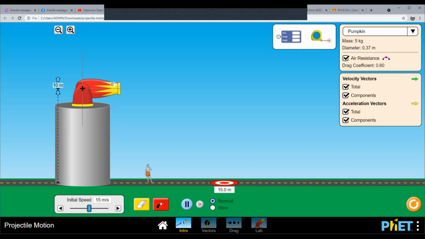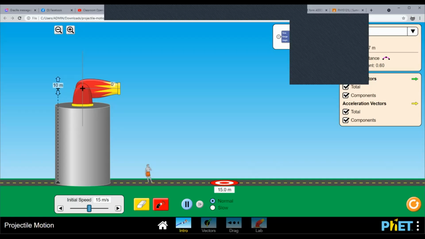By the way, the velocity and the acceleration, when it comes to projectile, would have its components. Later on, when you go to your engineering mechanics and mechanics of deformable bodies, you would encounter terminologies like components.